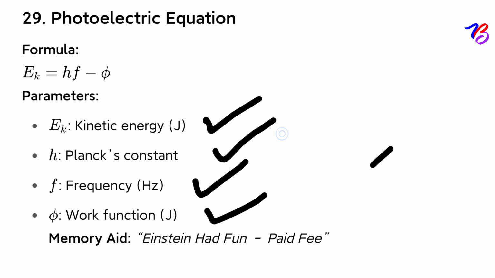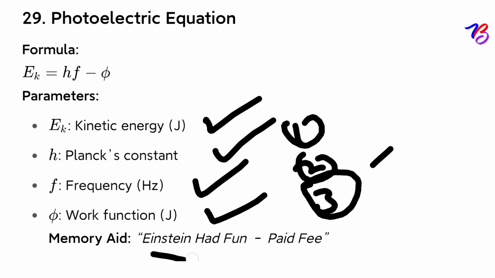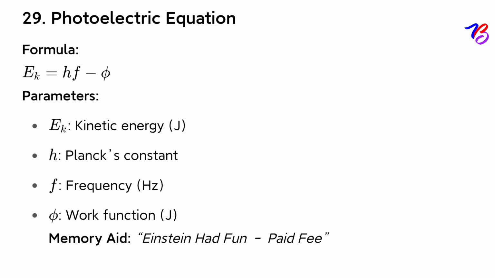Don't forget that. The Triune components of these are 1, 2, 3. Don't forget that. So if you know about this, you should be able to memorize your formulas for your exams.